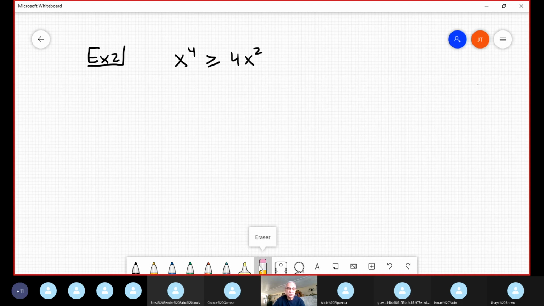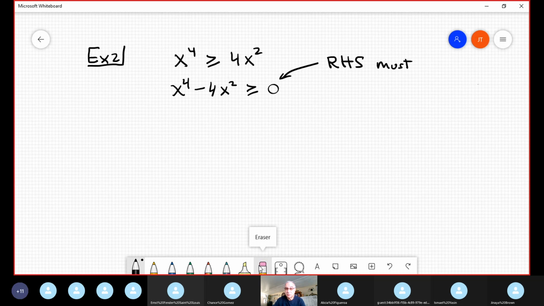But it's super easy, because the only thing you should do is move this guy to the left. So it's x to the 4th power minus 4x to the 2nd power greater than or equal to 0. Remember, to solve this inequality, which is polynomial or rational, in another book called nonlinear inequality, the right-hand side must be 0.